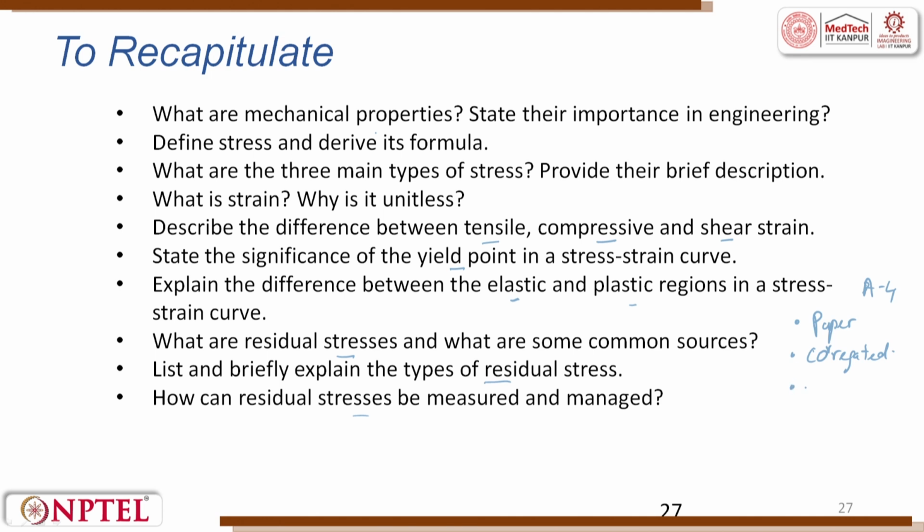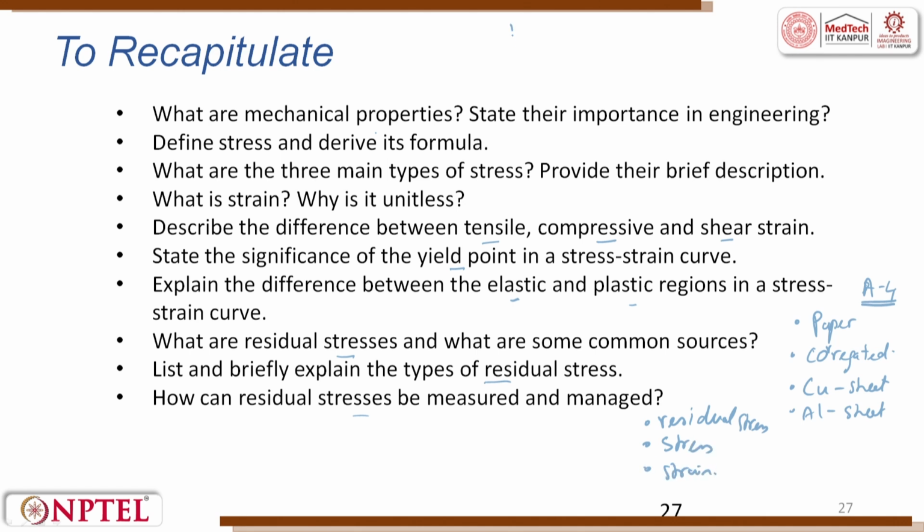Then try to take a thin copper sheet or an aluminum foil which you wrap around food. They are three different materials, all of the same dimensions. Now, try to bend it and relax it 10 times, 20 times and 30 times. Try to see what your inference is in terms of residual stress and strain.